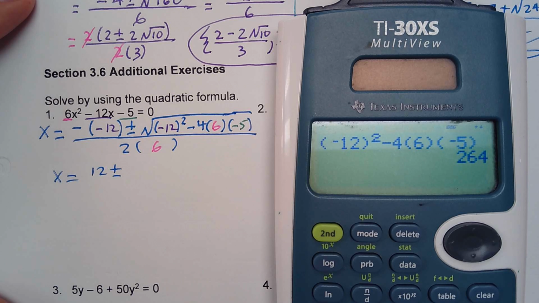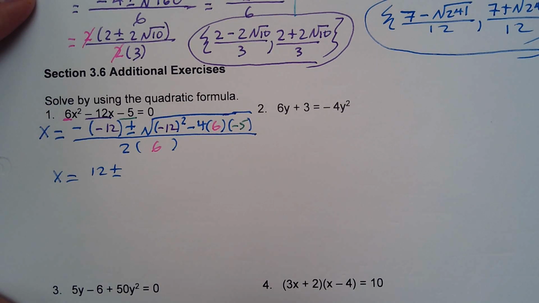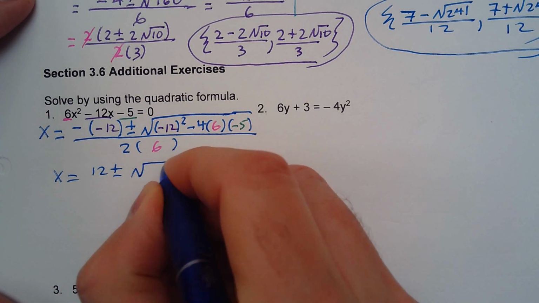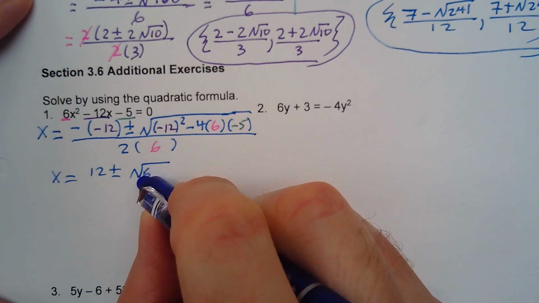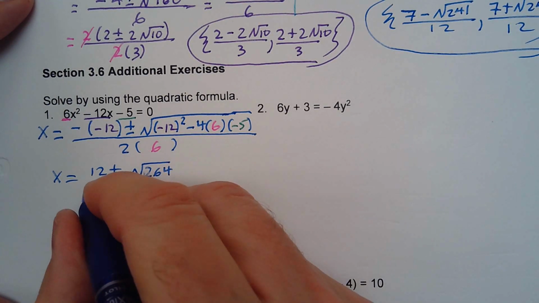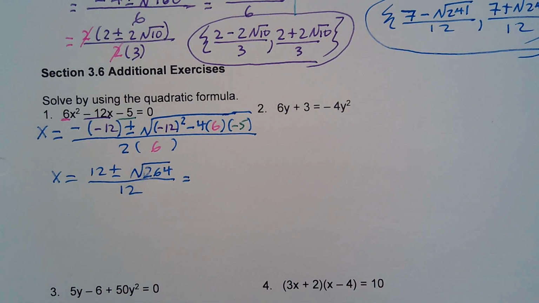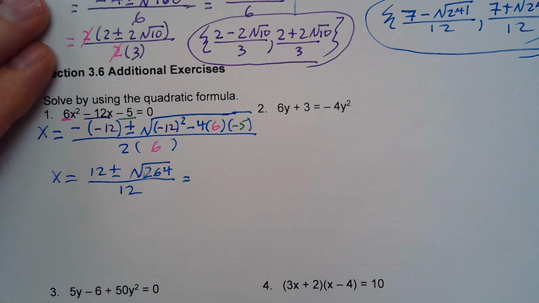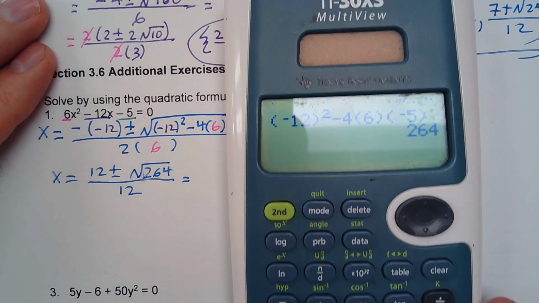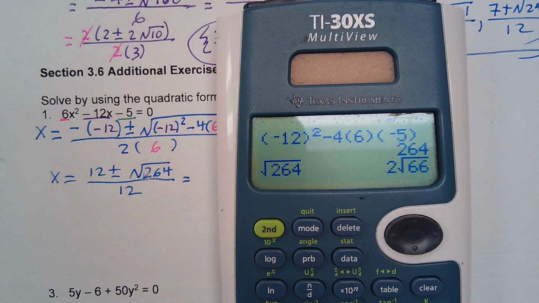That gives us 264, over 12. 264, well, it's divisible by 4. So again, you can either do it by hand, or if you have this calculator, just plug it in. Let the calculator do it for you. It's going to simplify to 2 times the square root of 66.